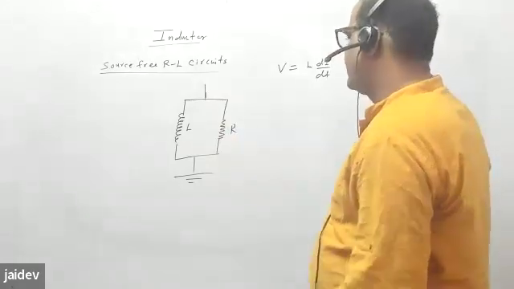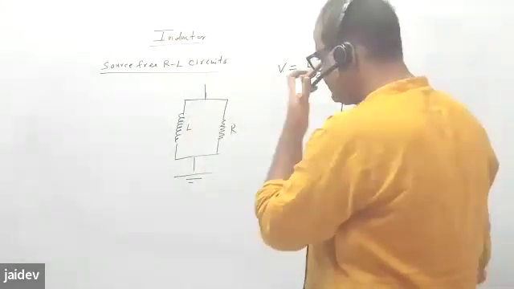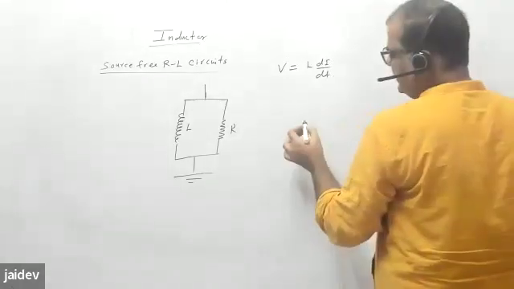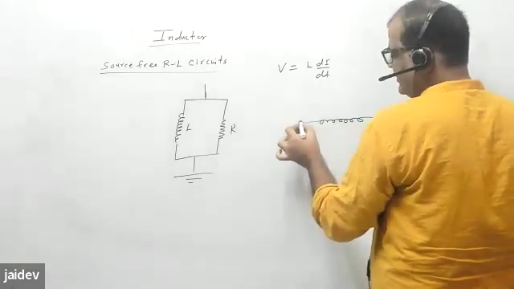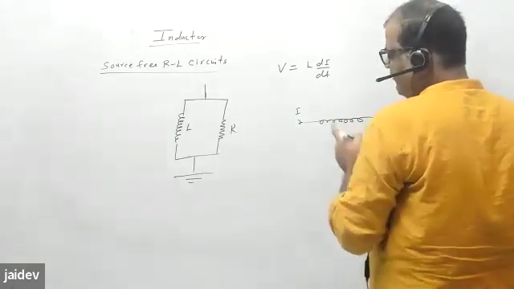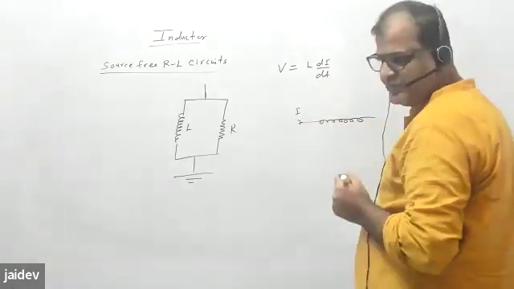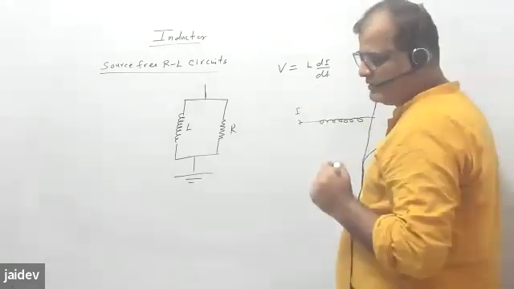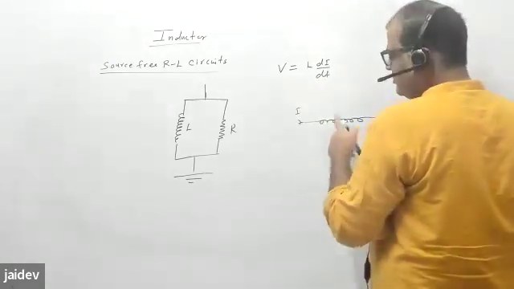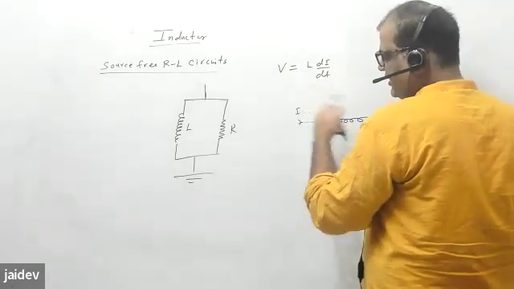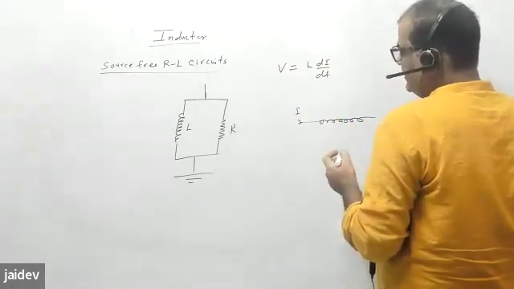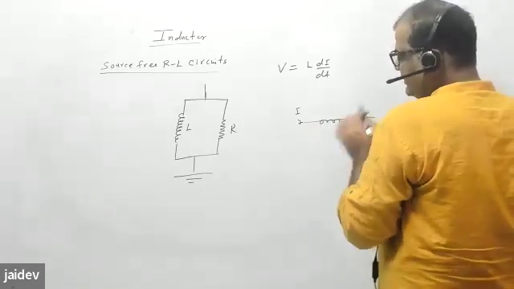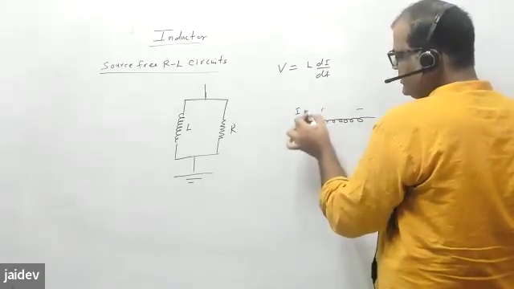Now, the property of the inductor is what? Whenever you try to flow any current, it will always oppose the effect. Initially the current is zero, and you are trying to put a current I directly from zero to I, so a voltage will develop and that voltage will oppose this change.